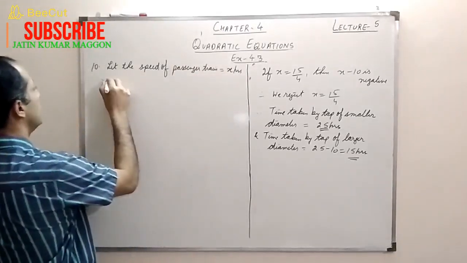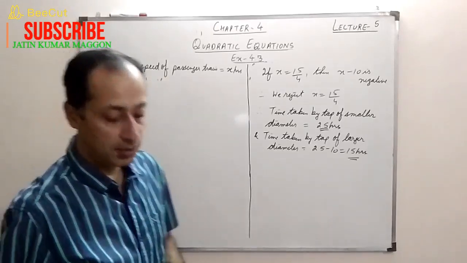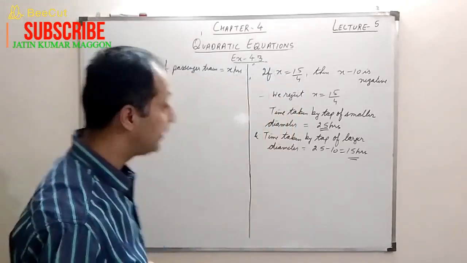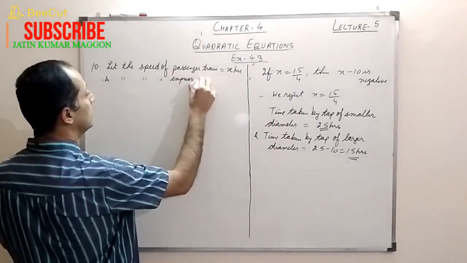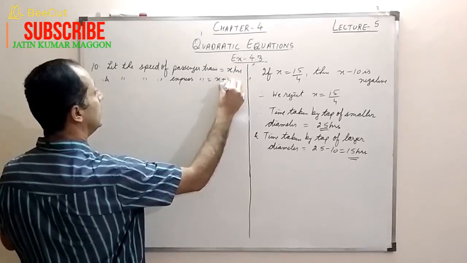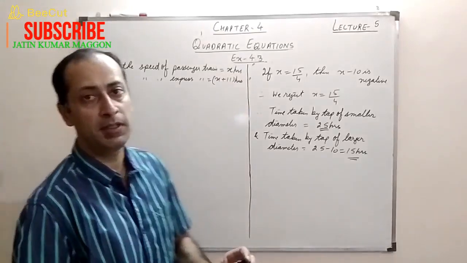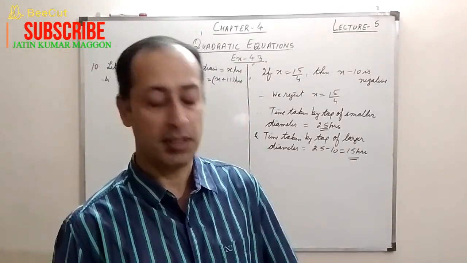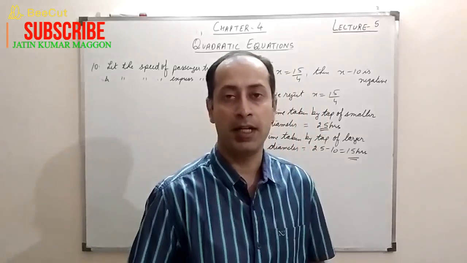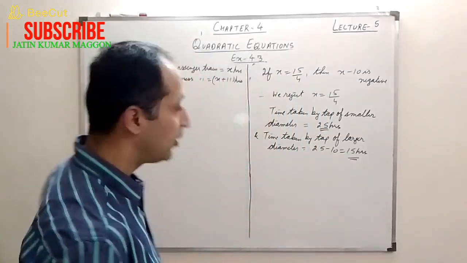Now obviously it is given that the speed of the express will be more, and the difference is given as 11 km/h. So speed of express train is equal to x + 11 km/h. Now both are covering the same distance between the two stations. The stations are Mysore and Bangalore, and the distance is given as 132 kilometers.